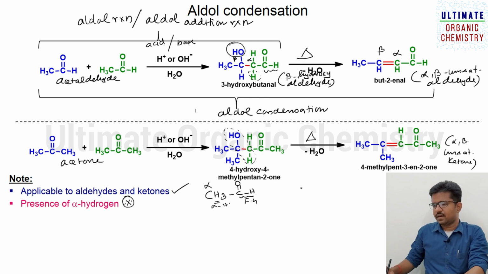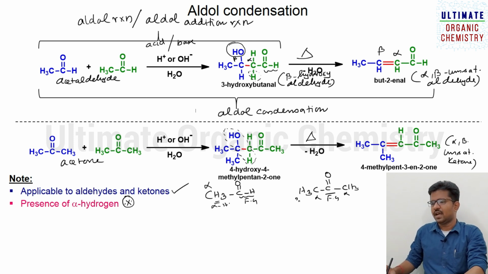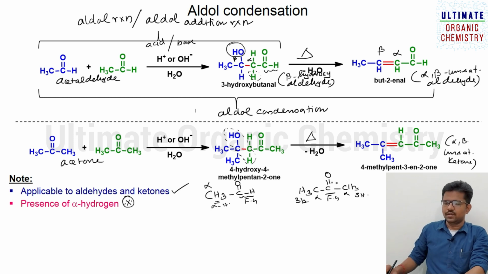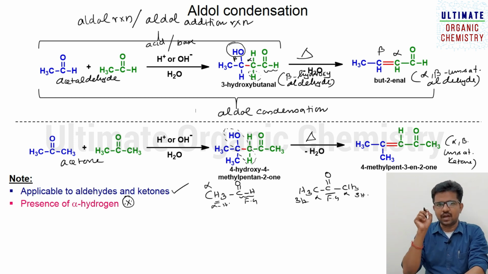So for example, you take acetone. This is the functional group. This is alpha carbon, this is alpha carbon. It has 6 alpha hydrogens. So this is 3 alpha hydrogens, and here you have 3 alpha hydrogens. Okay, so it must have alpha hydrogen, then only will the aldol reaction take place.